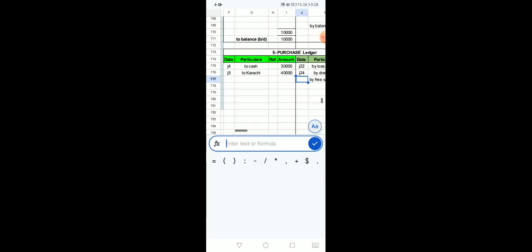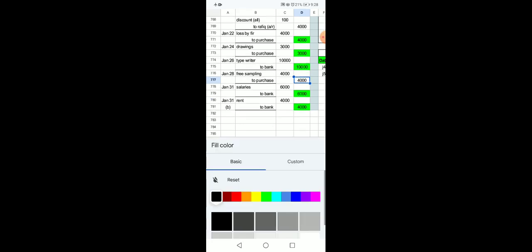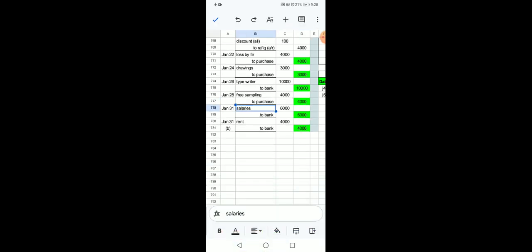See its date, January 28. Put the date January 28 in the date column. This way you have completed the posting. This was January 28, purchase 4,000, posted, mark it as done. The next two entries do not have purchase. It means all the posting related to purchase is completed.